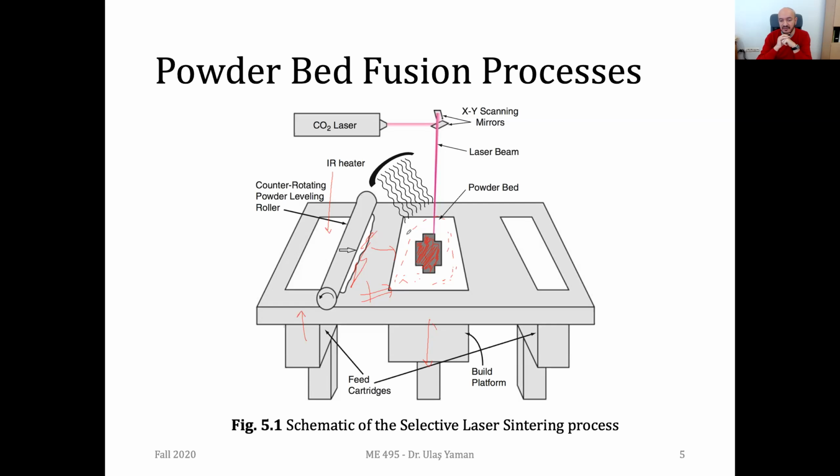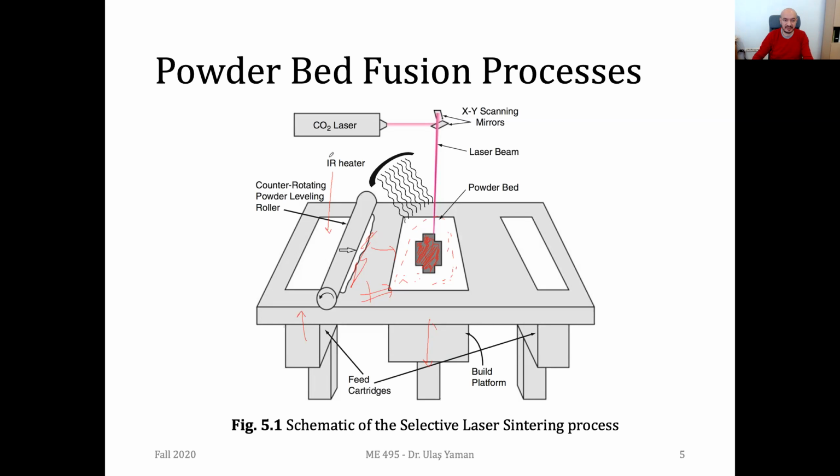And that's why we will see that for complicated shapes, you don't need to use support structures. Consider this L shape, for instance. If it's an SLA or an FFF, you need to have support structure underneath. But if it's a powder bed fusion process, especially SLS, you don't need to use support structure, since the powders underneath these overhanging regions will act as support structures.